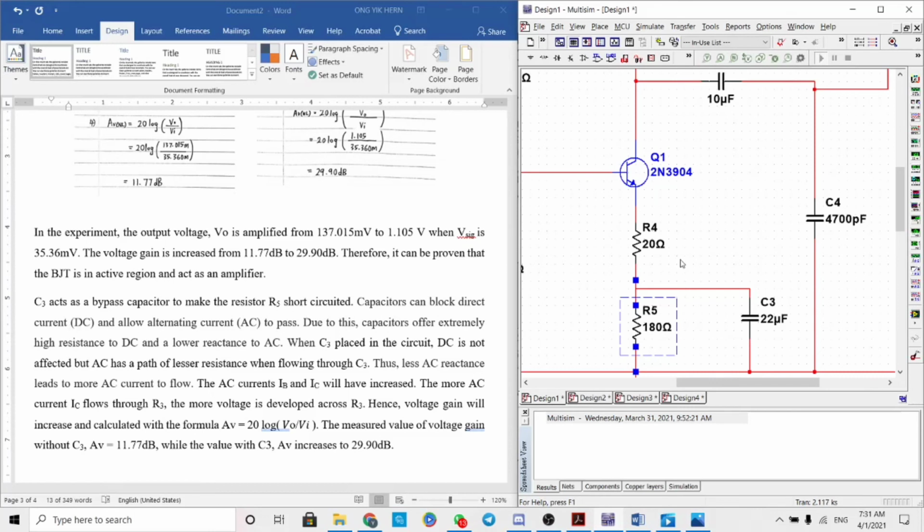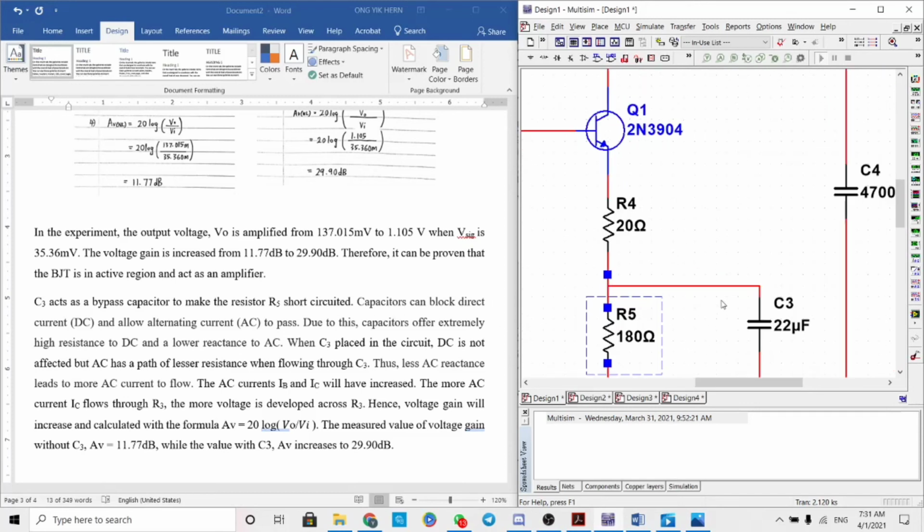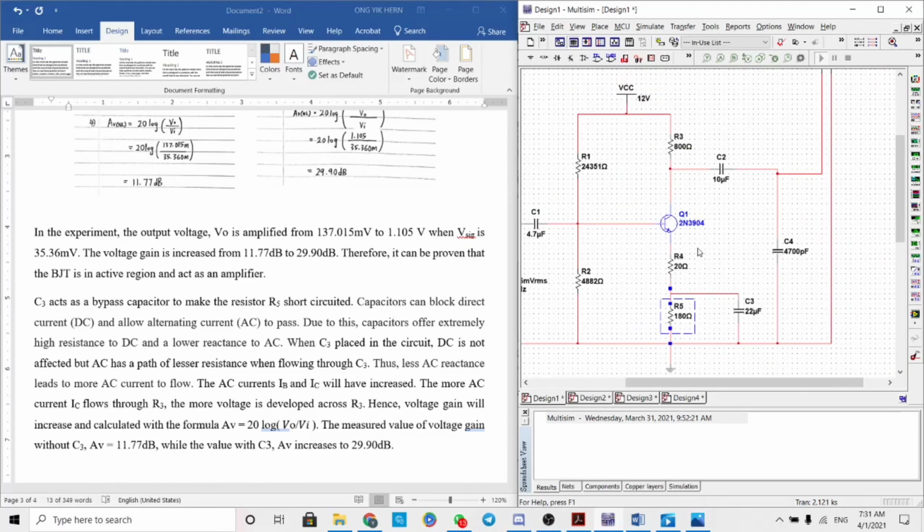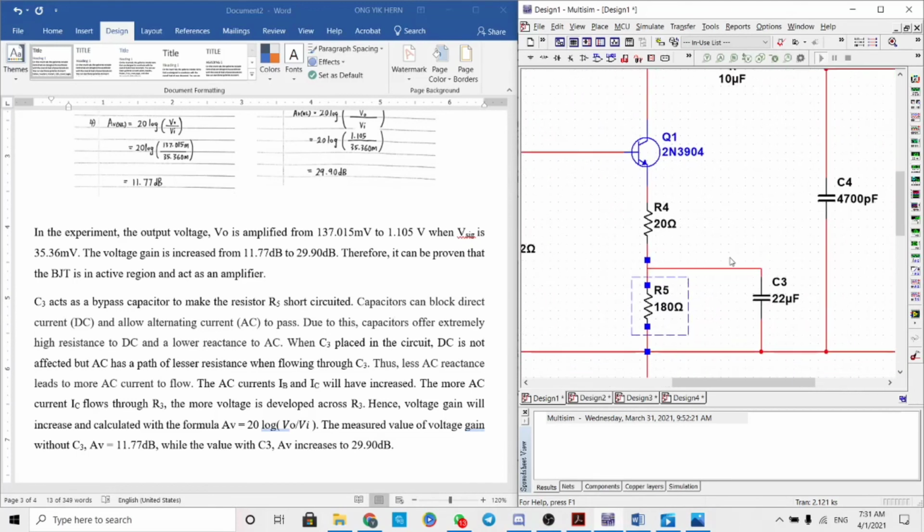Due to this, a capacitor offers extremely high resistance to DC and a lower reactance to AC. When C3 is placed in the circuit, DC is not affected, but AC has a path of lesser resistance when flowing to the C3. Thus, less AC reactance leads to more AC current flow.